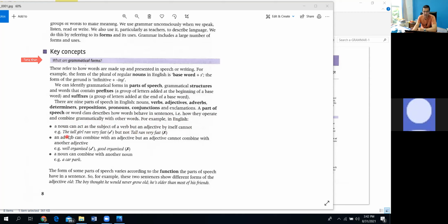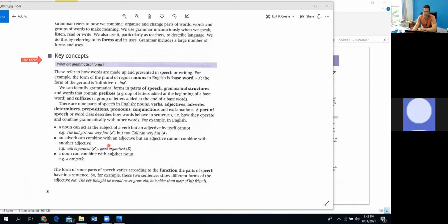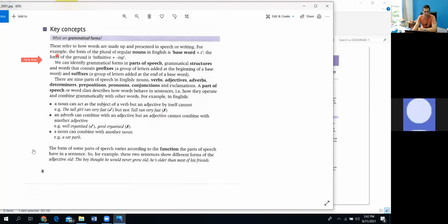Like you see, the tall girl ran very fast. But we can't say tall ran very fast. This tells us how the words behave in a sentence. We are ordering them according to their positions in the sentence. Likewise, the second one and third one also give you an example of how it works.